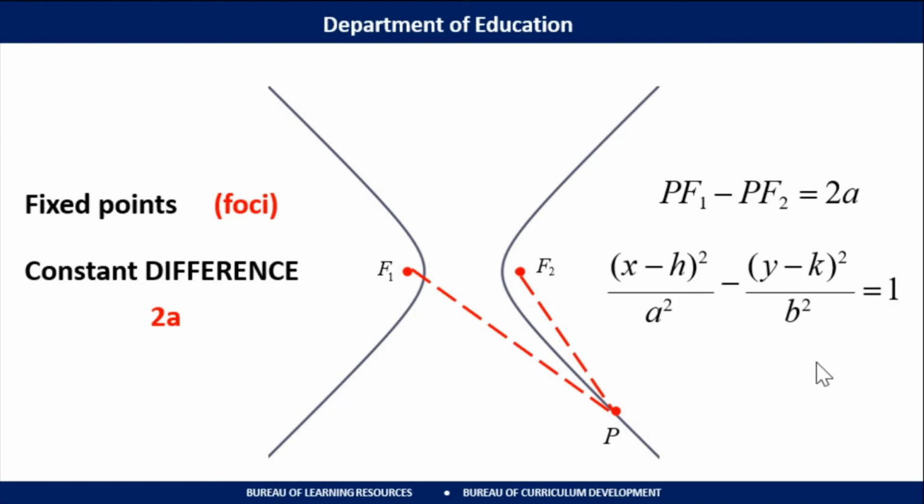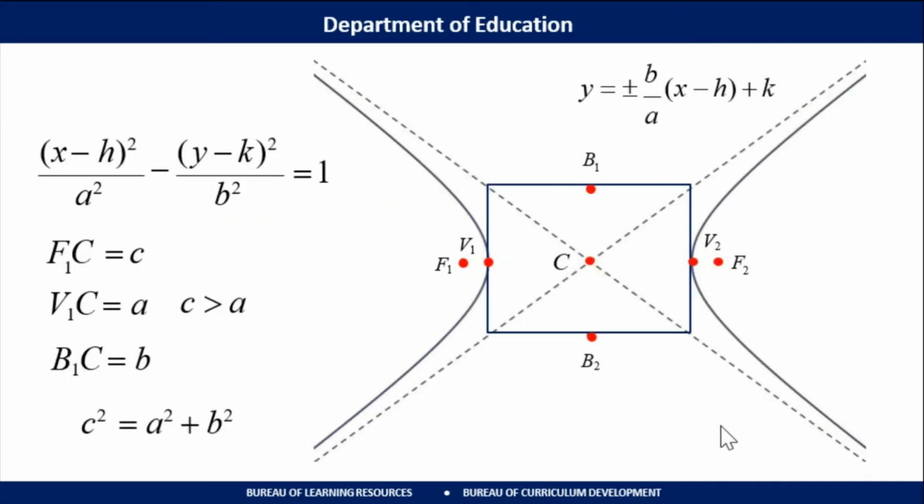And this is the standard equation of our hyperbola. So, x minus h quantity squared over a squared minus y minus k quantity squared over b squared equals 1. Okay, so this is the derivation. We will discuss it in our next lesson. So, detail by detail.